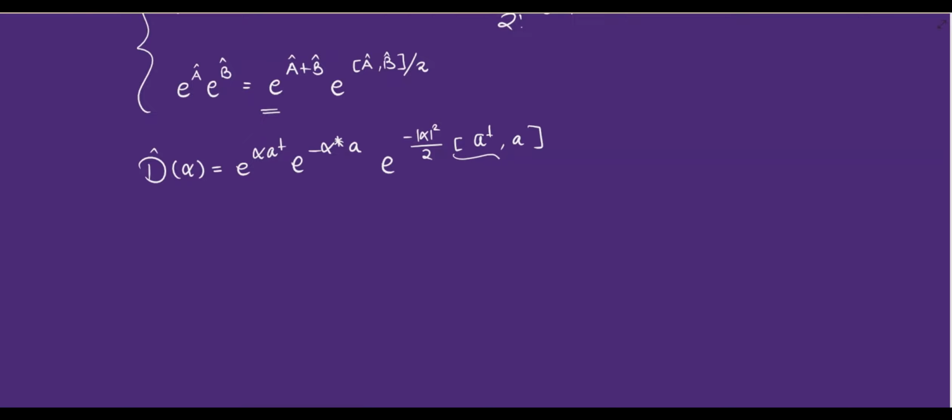Now we note that this commutator is equal to minus 1. So this becomes equal to, let me just recollect, okay, let's write it down. If there is a mistake, we'll clarify it. So this is e raised to mod alpha squared by 2, e raised to alpha a dagger, e raised to minus alpha star a. So this is how we can decompose a displacement operator.